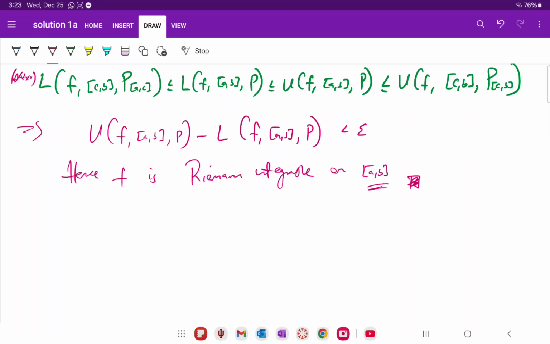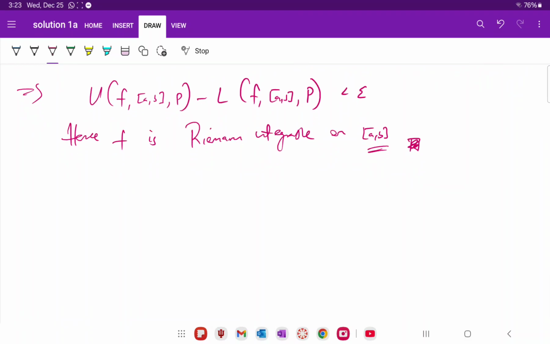In the same vein, for the second part, you can also make similar arguments to prove that the integral over [A, B] of f is equal to the integral over [A, C] of f plus the integral over [C, B] of f.